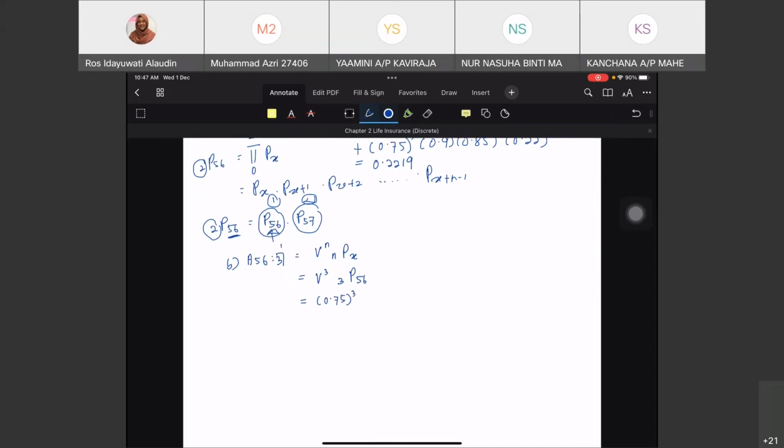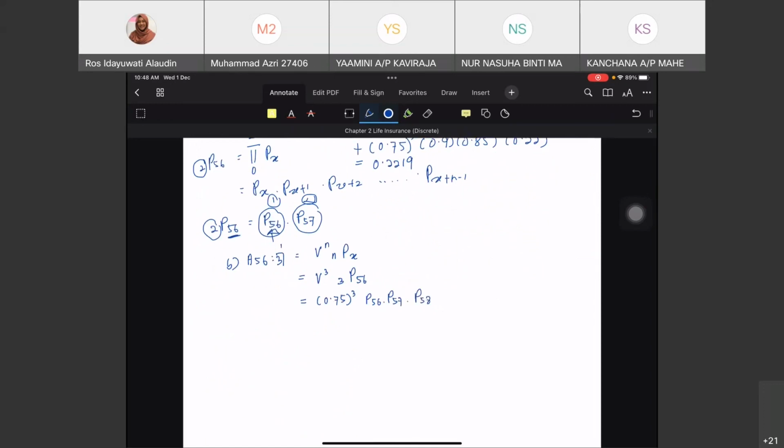For 3p56, you can use my formula, which needs 3 components starting from 56: p56, p57, p58.